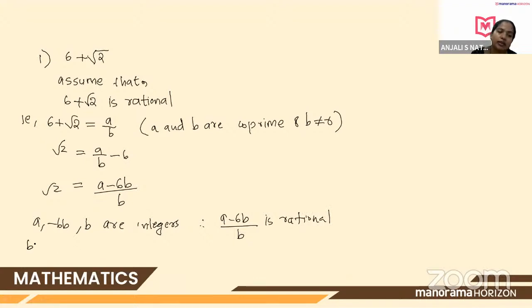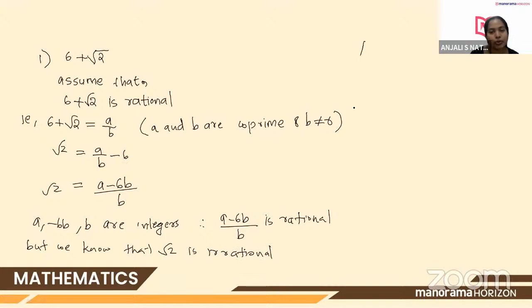But we know that root 2 is irrational. Root 2 is an irrational number.